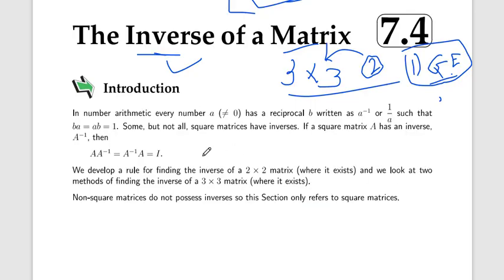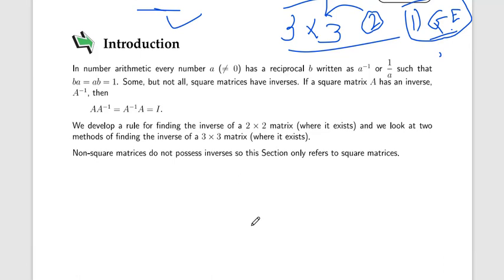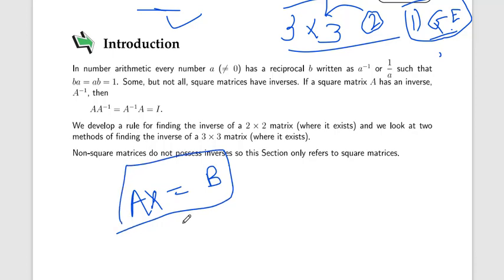We already discussed in Gaussian elimination how a linear equation is changed into the form AX equals B. In the question they will give us the linear equations, then we transfer them into matrix form, and then we apply row operations.